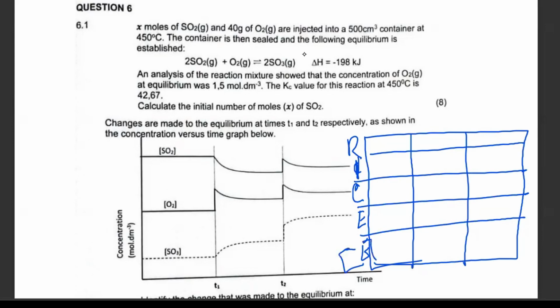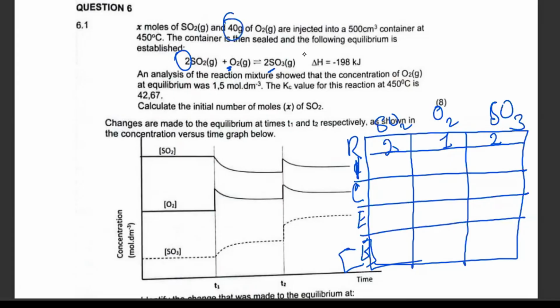We make them to be in brackets. So I have sulfur dioxide here, I have oxygen here, and I have sulfur trioxide here. So this is 2 based on this, and then this is 1 based on this, and then this is 2 moles based on that. Then they gave us a clue here about the initial number of moles.